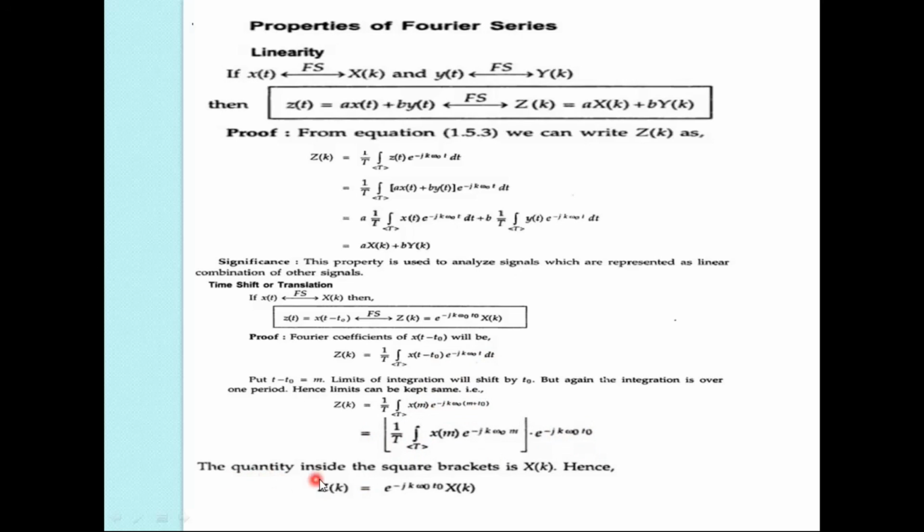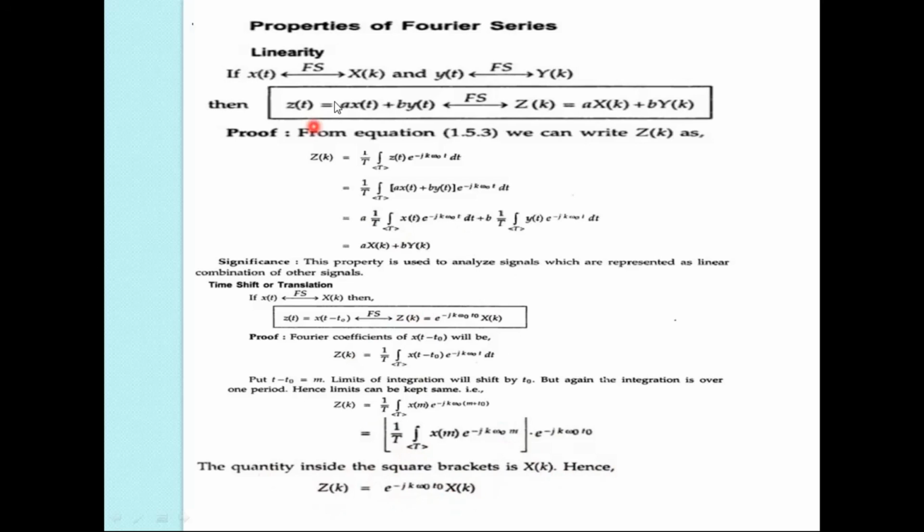The quantity inside the square brackets is x of k. Hence, z of k is equal to e power minus jk omega naught t naught into x of k. Understand, my dear students? Okay.